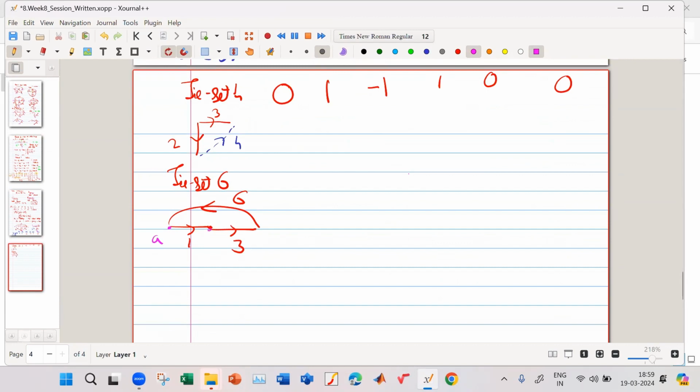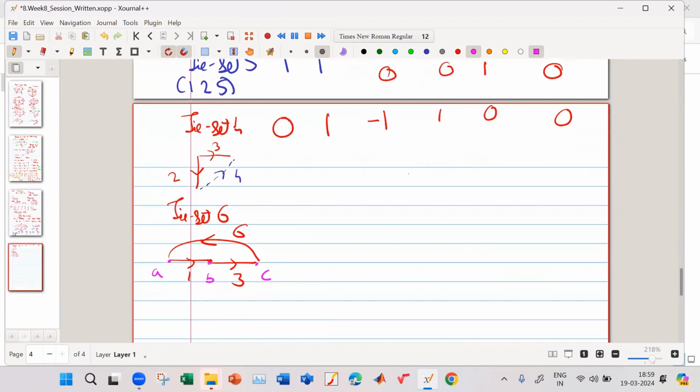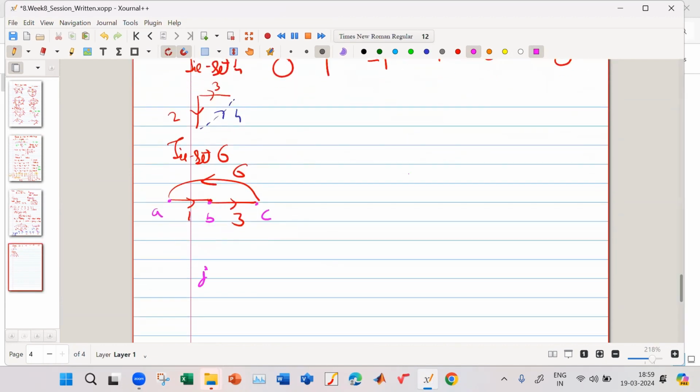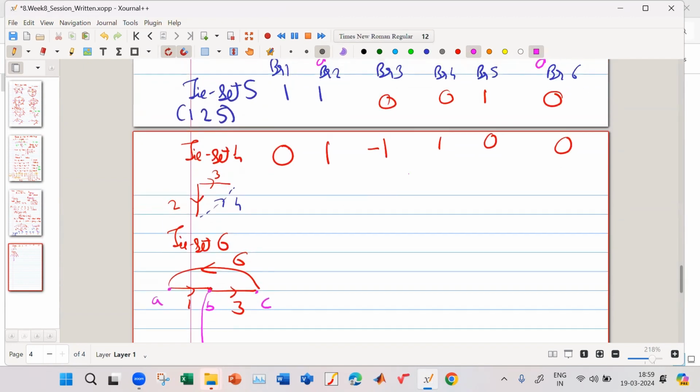This is A, this is B, this is C, and this is D. D is not coming into the picture. So what numbers do you give for tie set 6? For branch 1, branch 2, branch 3: 1, 0, 1, 0, 0, 1.